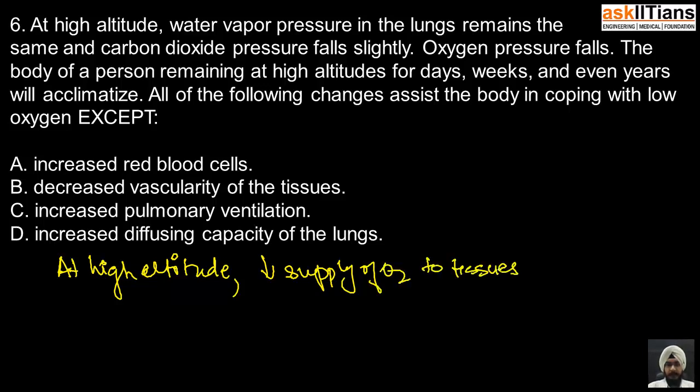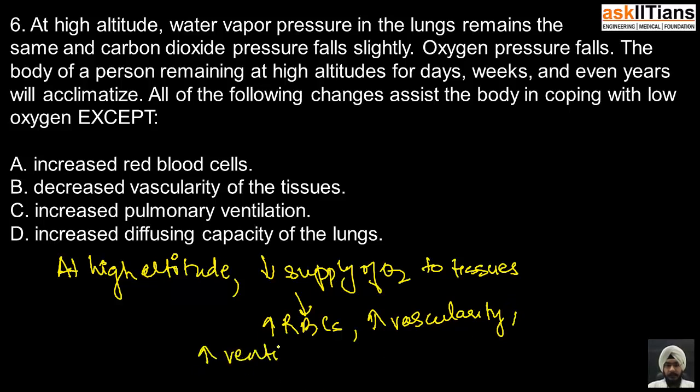So to compensate for this, the person's body produces more RBCs, and there is increased vascularity of the tissues, and there is increased ventilation, like basically increased gaseous exchange is occurring, and there is an increase in diffusing capacity of the lungs. So basically all these things are occurring. So let's see which does not match.